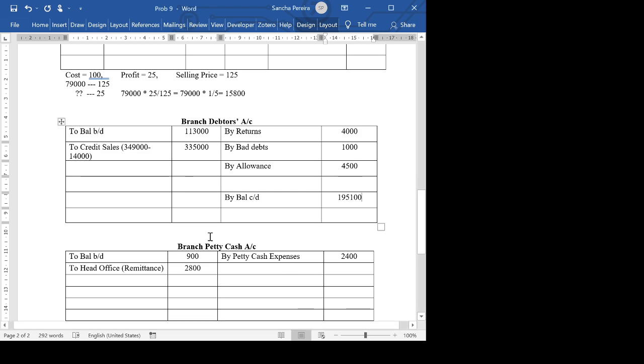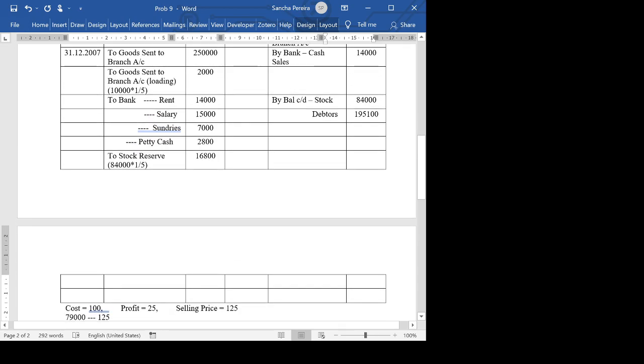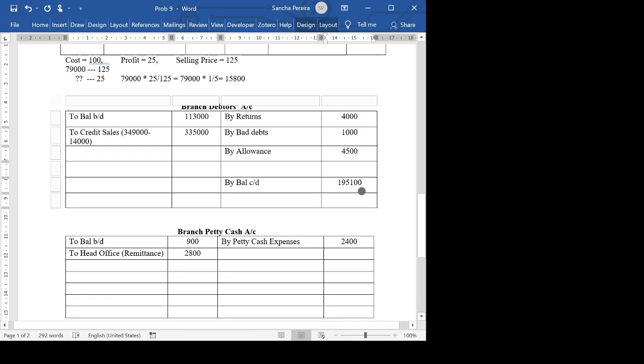And now we have to balance. We have to first find the missing items and balance it. So here we have 1,13,000 plus 3,35,000, which comes to 4,48,000. And here I have by cash, which is the balancing figure.